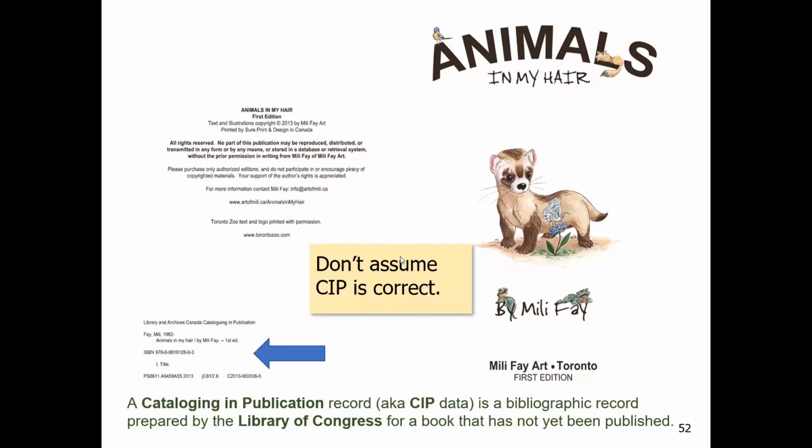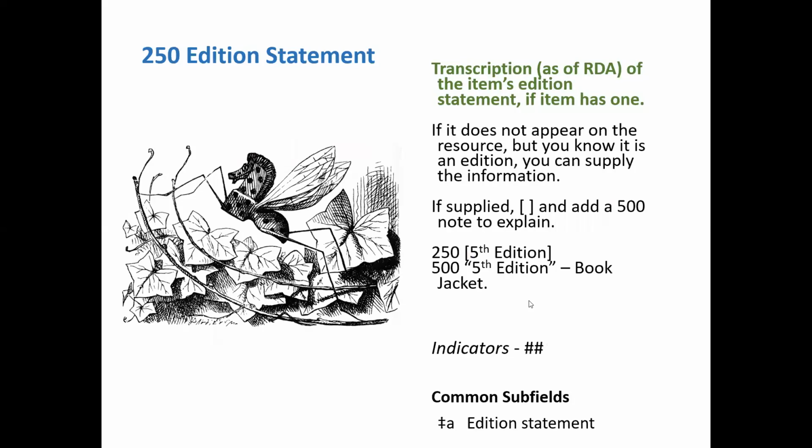The publisher sends the cataloger group doing these records information. The cataloger creates the record in OCLC. The information goes back to the publisher, and the publisher prints that cataloger's information in the book. And then, lo and behold, the book cover may change or the book title may change. So just don't assume it's correct.